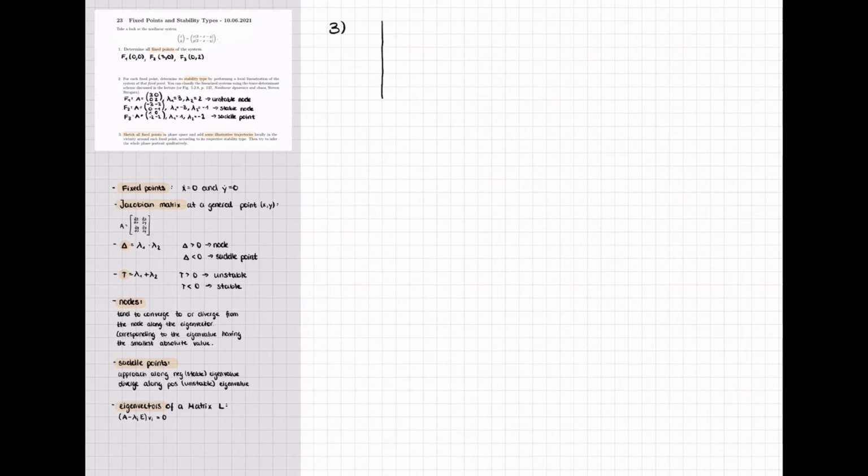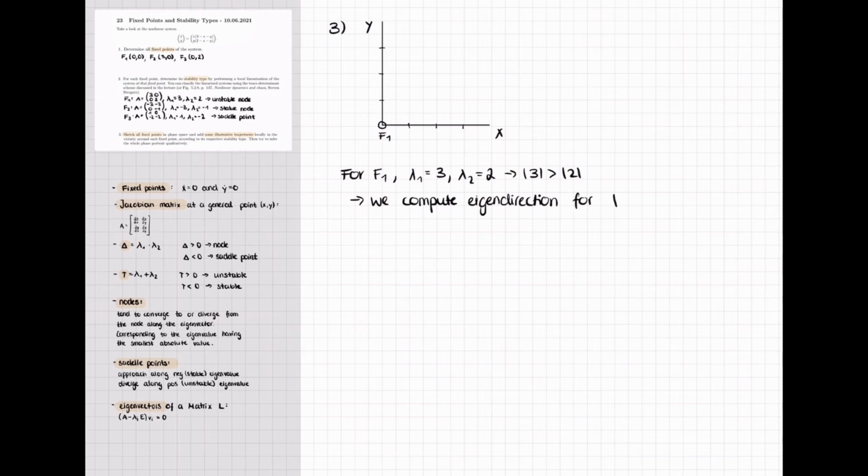Now that we have the stability types for each fixed point, we want to sketch them in phase space with some trajectories. So let's start with the first fixed point. F1 was an unstable node at (0, 0), and we indicate that by an open circle in the phase space. To add the trajectories, we have to compute the eigenvector corresponding to the eigenvalue having the smallest absolute value. So F1 has the eigenvalues 3 and 2, so we compute the eigendirection for lambda 2, which is 2.